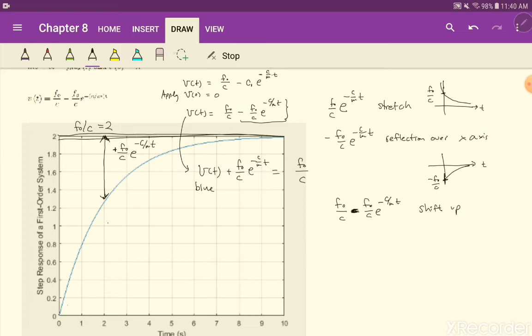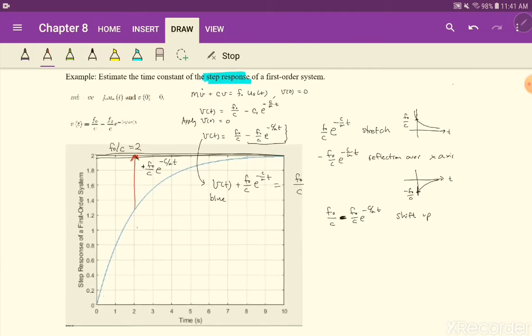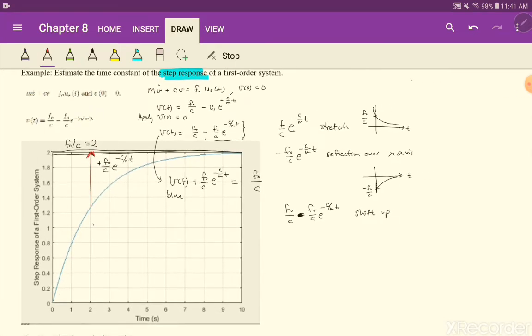I'm going to actually change the arrowhead right there, to something like this. Now, what was the original question? Can you figure out the time constant? Time constant only applies to the exponential function, right?